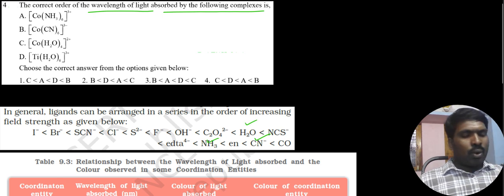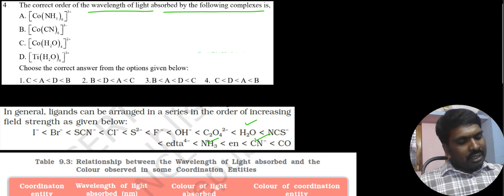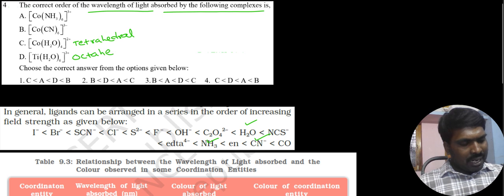So water is a weak field ligand, and where water is the ligand, more unpaired electrons are possible. But coming to compound C and compound D, both have water molecules as ligands. Compound C is a tetrahedral complex, whereas coming to D, it is an octahedral complex.